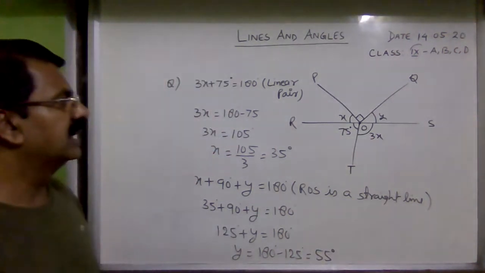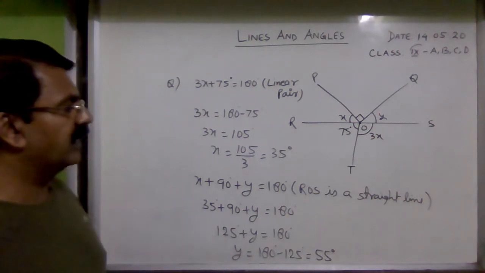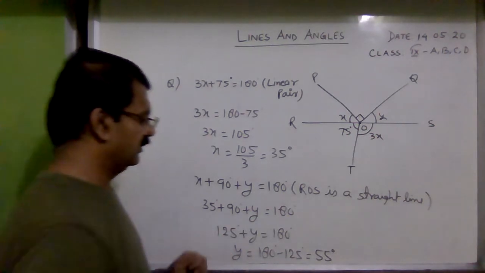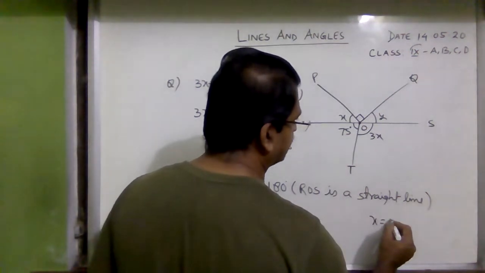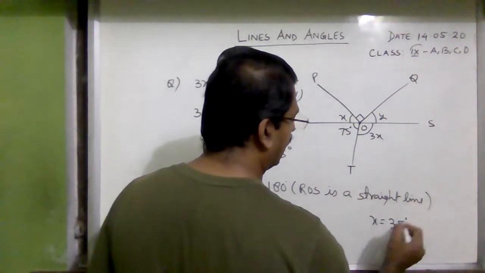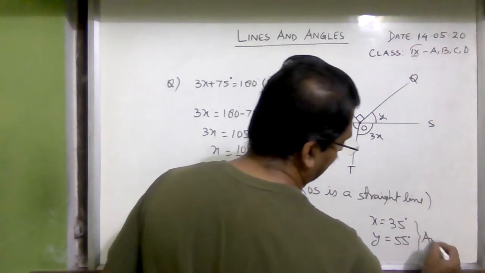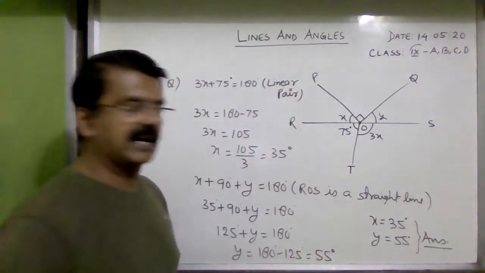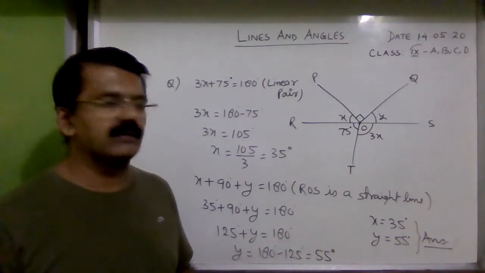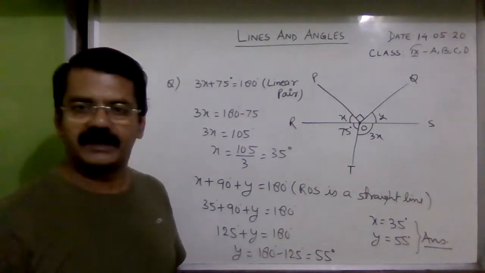So you can see x is 35 and y is 55 degree. We have found x is equal to 35 degree and y is equal to 55 degree. And that is your answer.